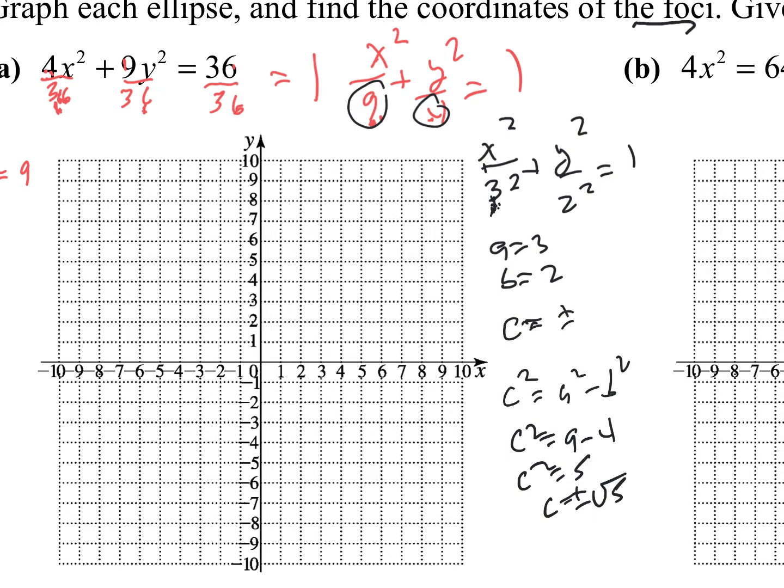So c is plus or minus square root of 5, and that means from the center of the ellipse. So is the 3 from the center, so is the 2 from the center. Center, 3. Center, -3.